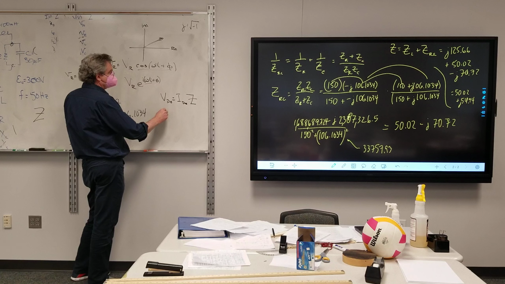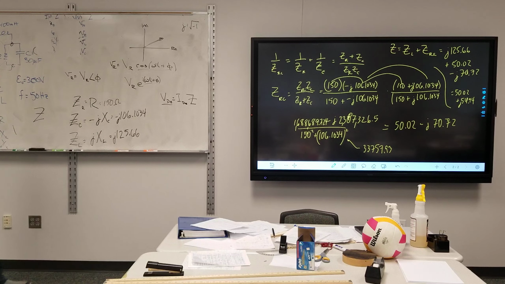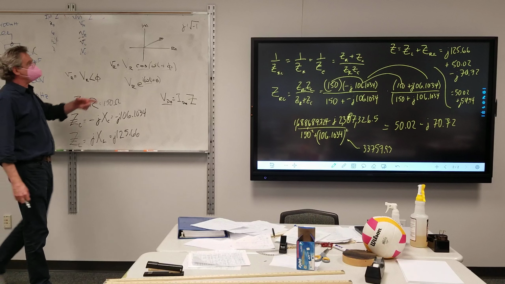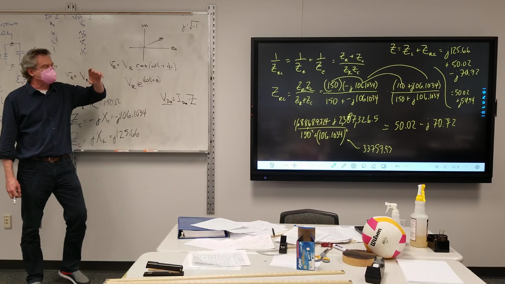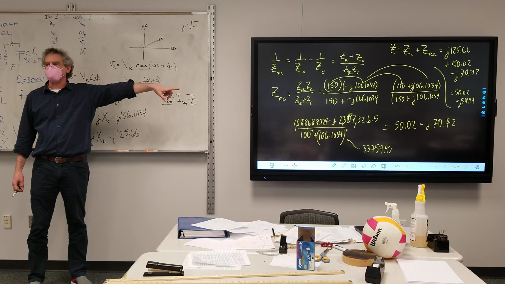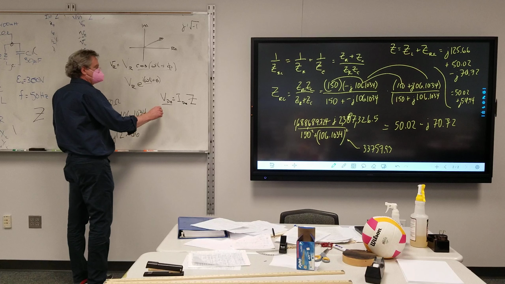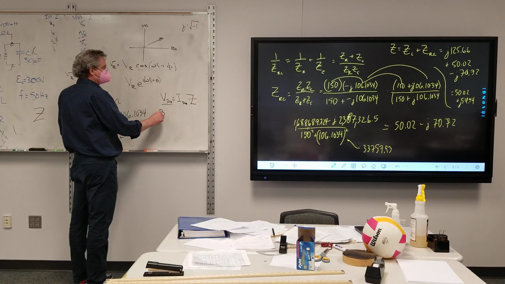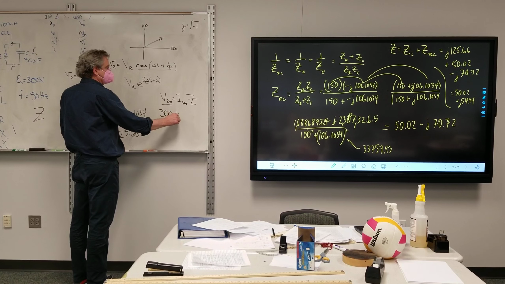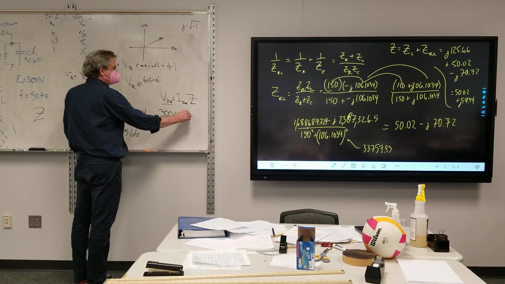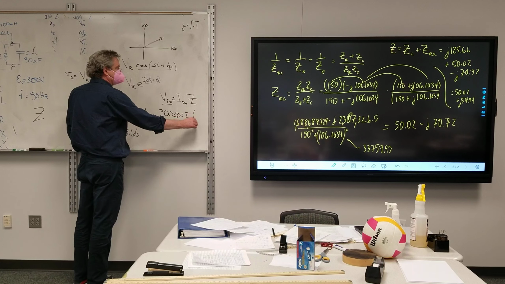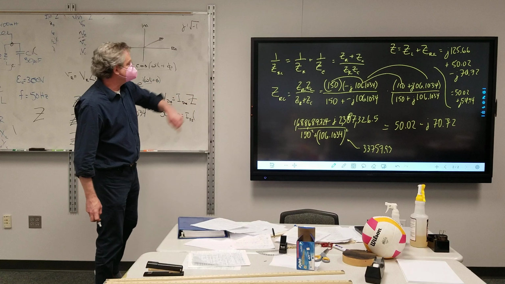So, voltage from the power supply. Well, I need to establish some sort of standard here, so in this case I'm just going to start the power supply at 0 degrees. So this is 300 at 0 radians is equal to I, the power supply, times that.